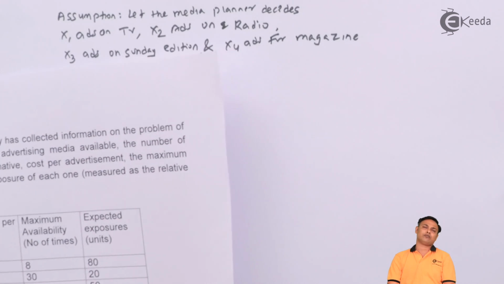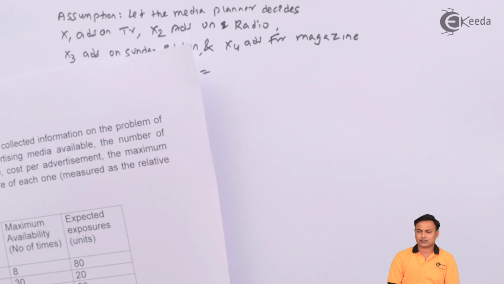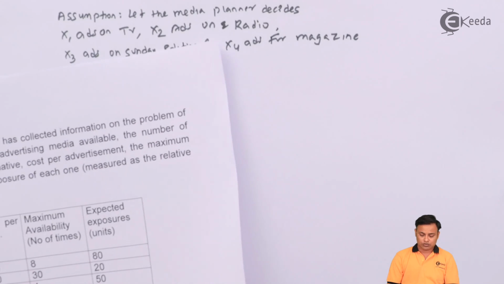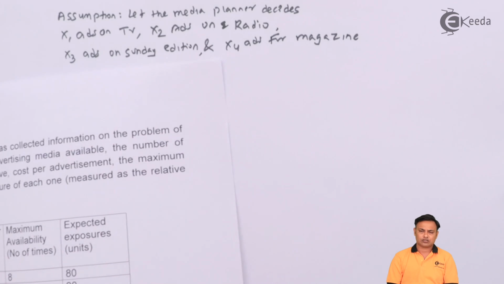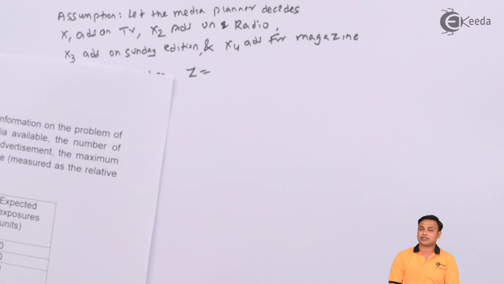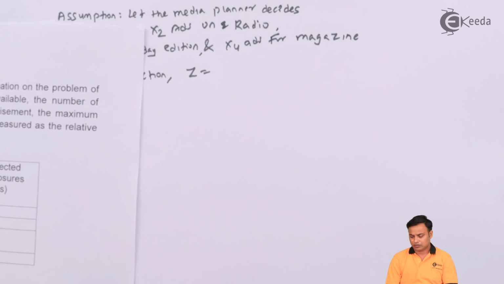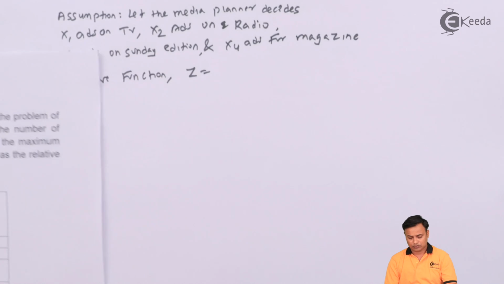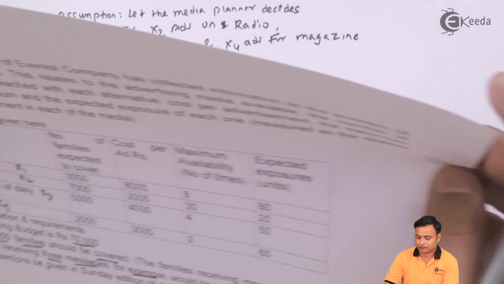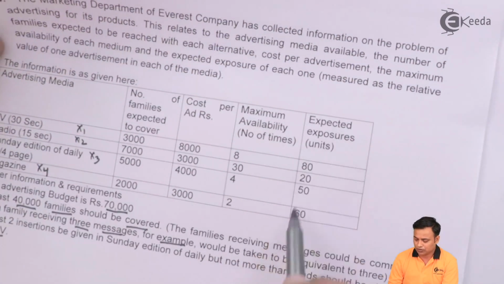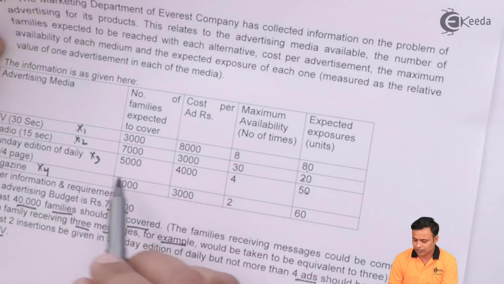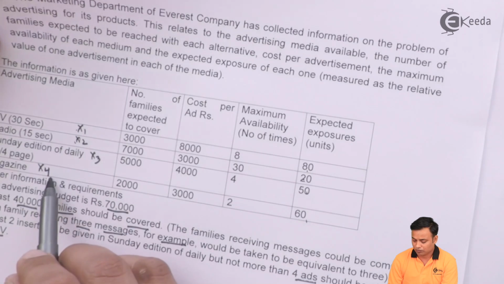They can either ask you to minimize the cost, or they can ask you to maximize the exposure. In the present case, the question is silent, so we will assume that they are asking for maximizing the exposure. So let's work it out. First, the objective function will be, here is my exposure, 80x1 plus 20x2 plus 50x3 plus 60x4.